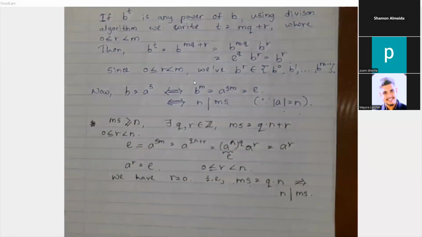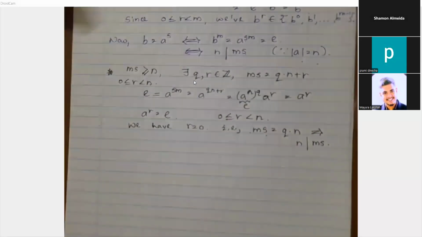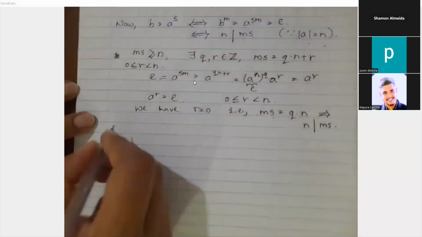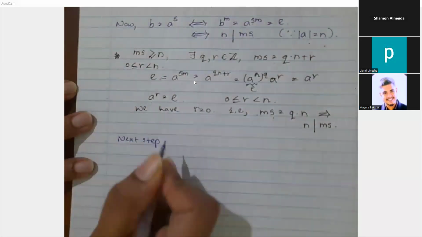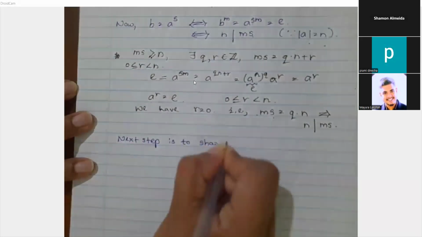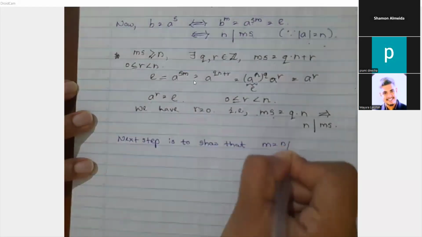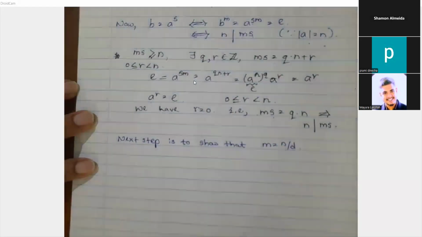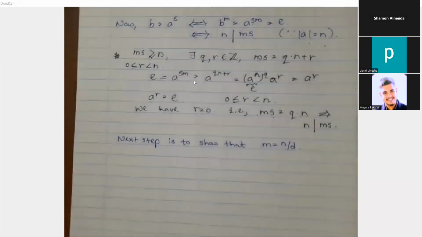Now our next step is to show that m is equal to n over d, where d is the greatest common divisor of n and s.